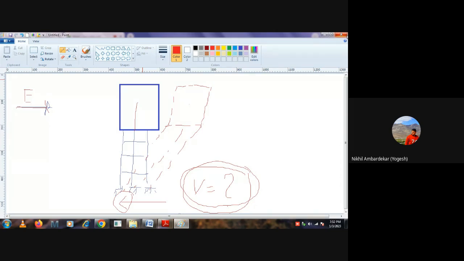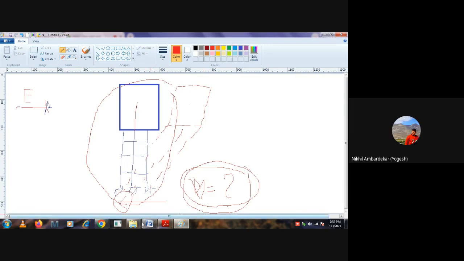Because earthquake force is mainly a function of the stiffness of the structure or the self-weight of the structure. The more the self-weight of the structure, the more the earthquake force. Agree? The entire structure and its self-weight will contribute to calculating the earthquake force, that is, the base shear.